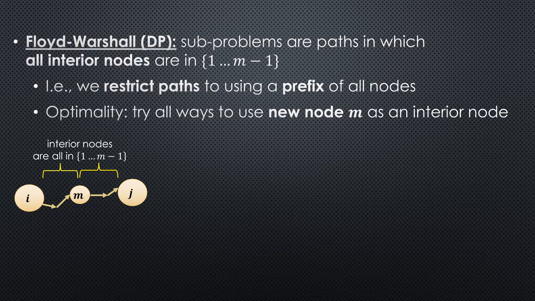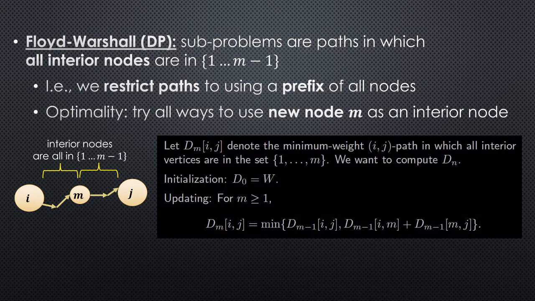And this node m could appear anywhere on the path from i to j, or maybe not at all. And so we'll try all the different ways to use node m as an interior node, and that led us to this dynamic programming formulation.